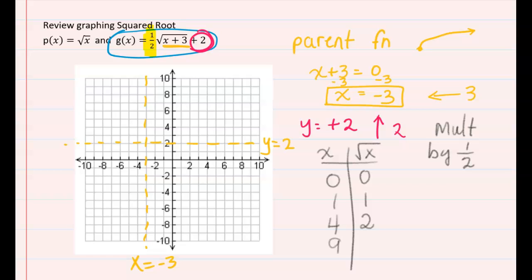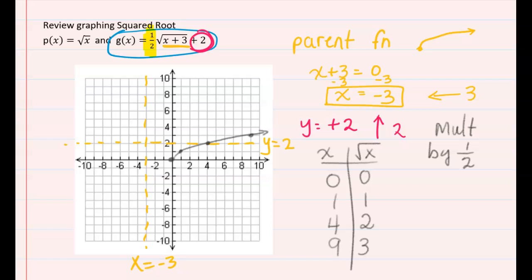The next one is 9, and the square root of 9 is 3. So our parent function was right here at the real origin, and it went over 1, up 1, over 4, up 2, and over 9, and up 3. So this is what it looks like in terms of our parent function.